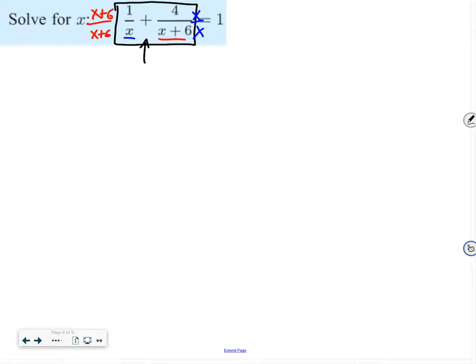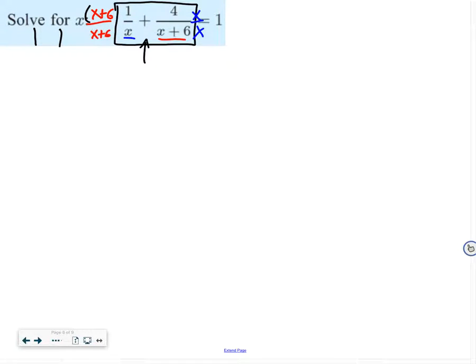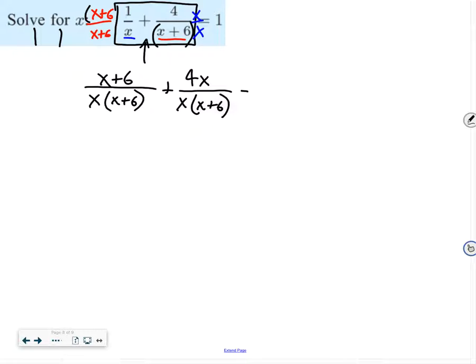So when I simplify this, 1 times the quantity of x plus 6, I'm just going to have x plus 6. And then I have x times the quantity x plus 6 here, plus 4 times x over, and again, this x times x plus 6 is equal to 1.